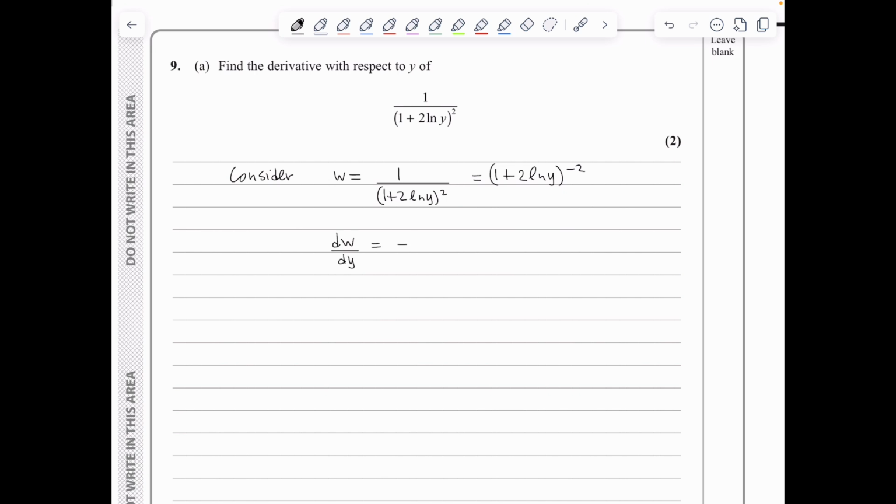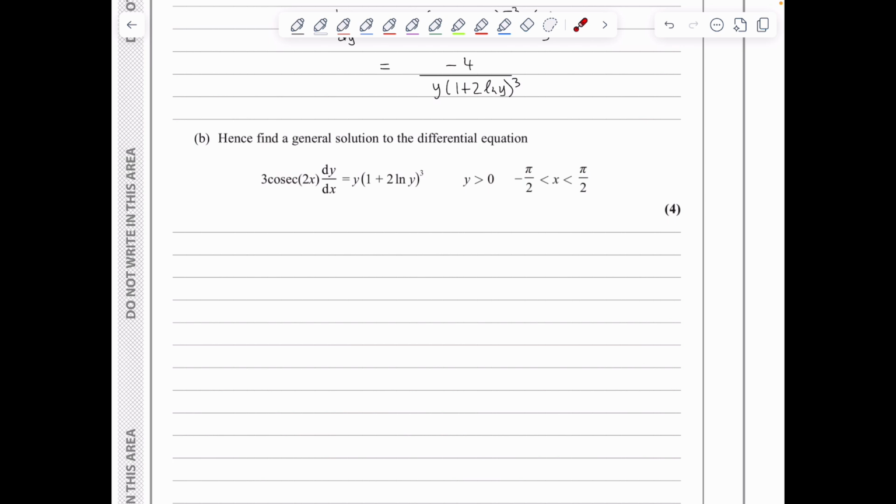So I'll get the power down, I deduct 1 from the power, so (1 plus 2 ln y) to the -3, times the derivative of the bracket. The derivative of the bracket is going to be 2 over y, and this simplifies to -4 over y times (1 plus 2 ln y) raised to the power of 3.